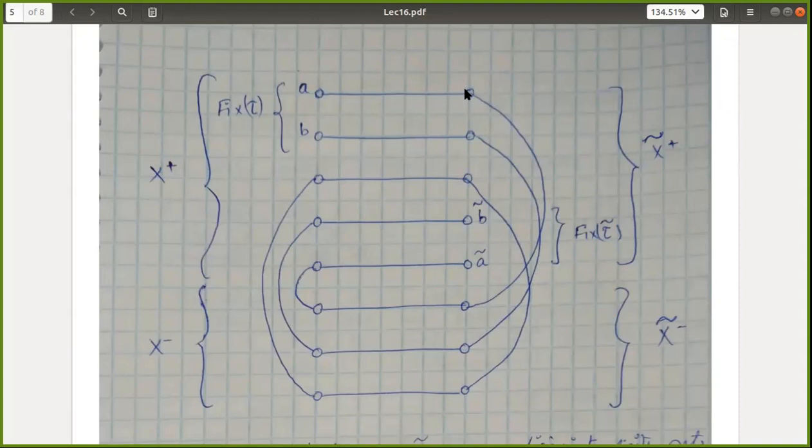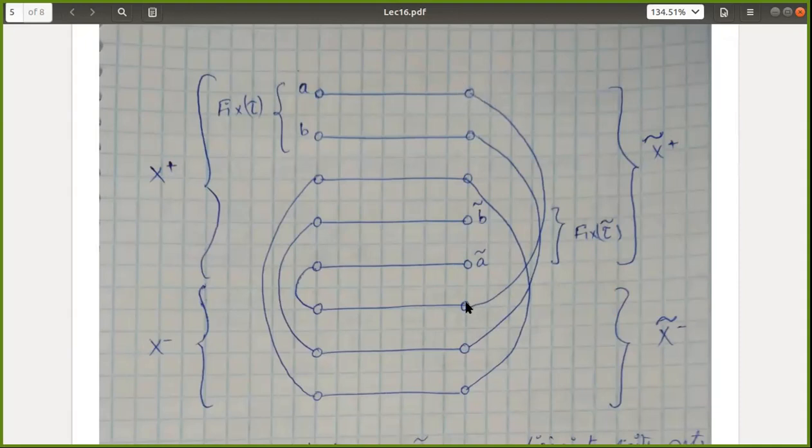Now after involution, they either stay in x plus, which means they are fixed points, or they go to x minus. These are the only two possibilities. So if they stay in x plus, which means it was a fixed point, that case we just discussed. The second case is it goes to x minus.